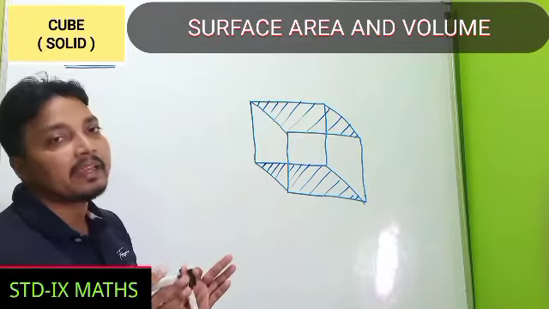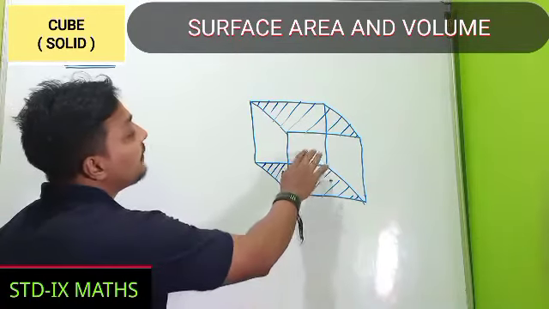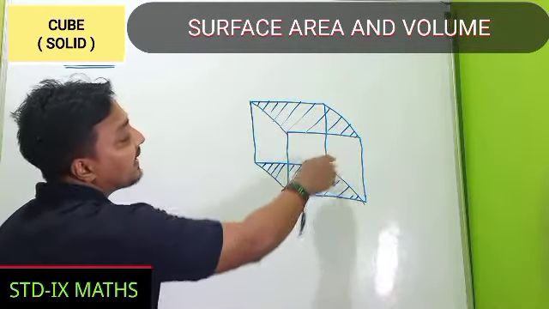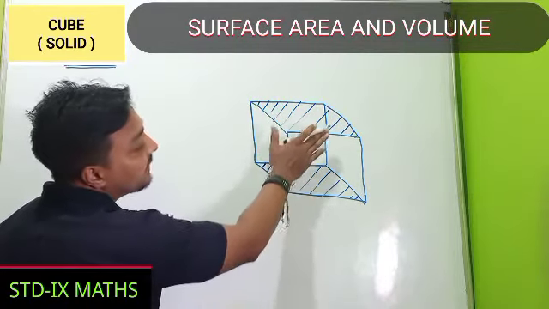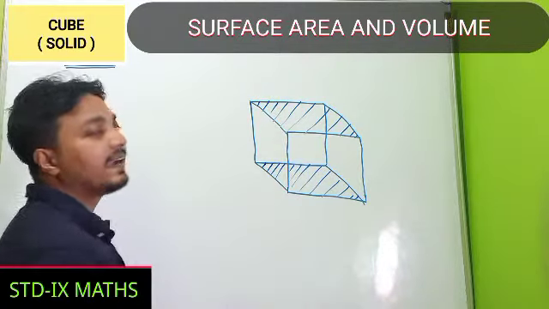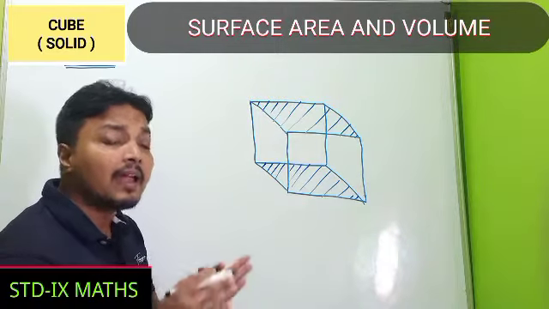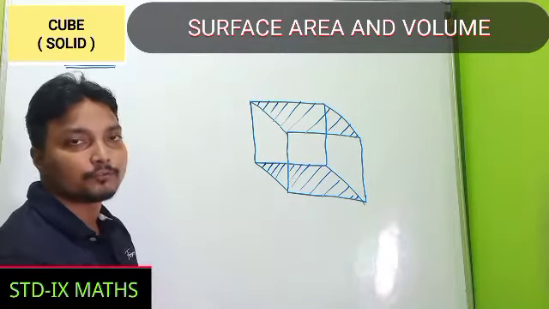The area of the 4 faces around it, the front face, back face, left side and right side, together we can call the lateral surface area of the cube.